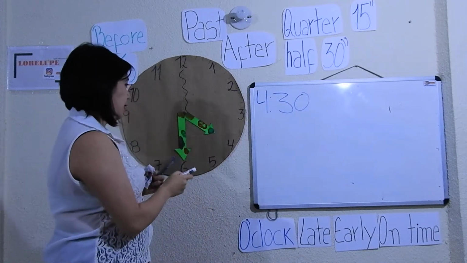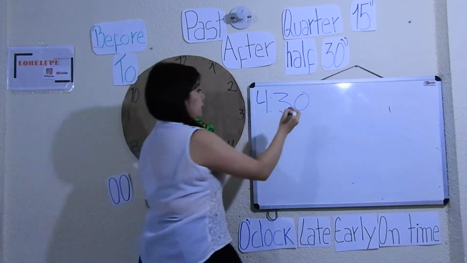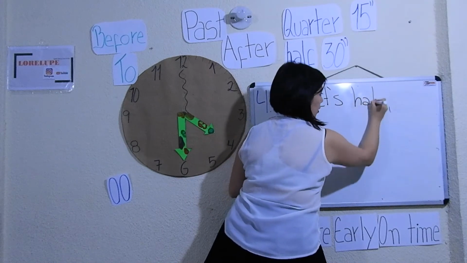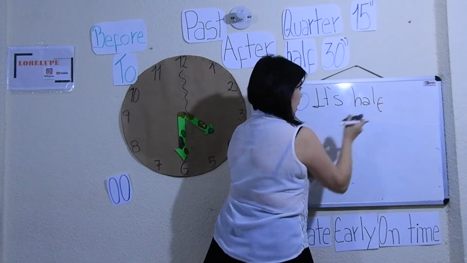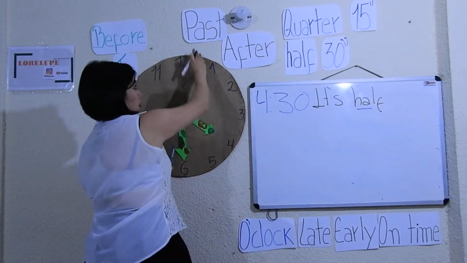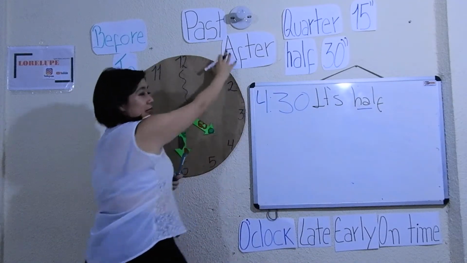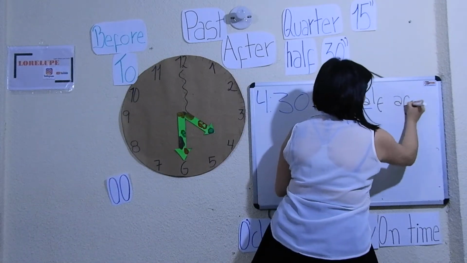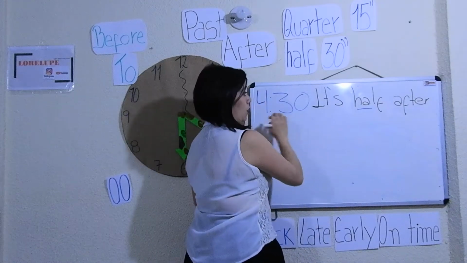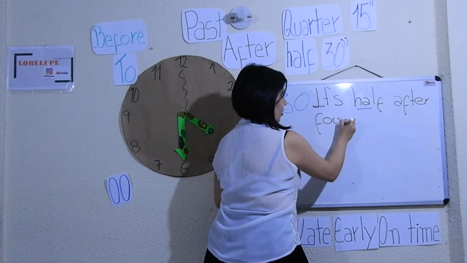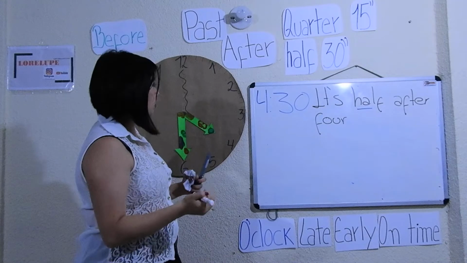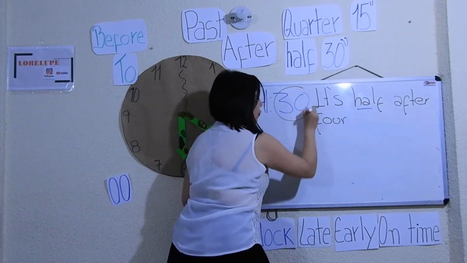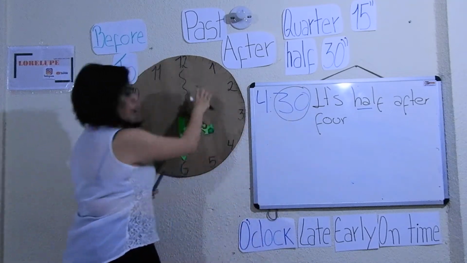It's 4:30. Or it's half. Look at this. Half past or after. In this case, you use past or after. Half past 4. Is half after or past 4, because that half refers to 30 minutes.